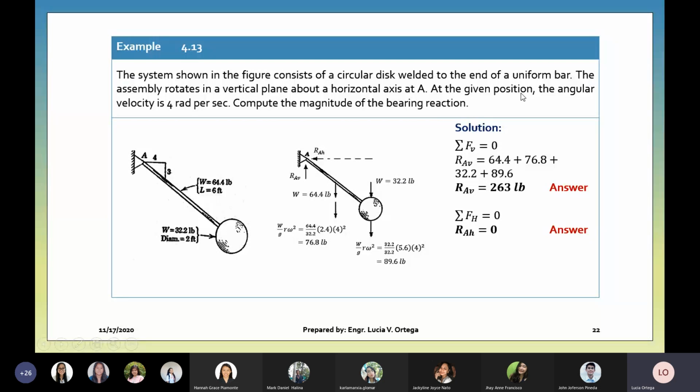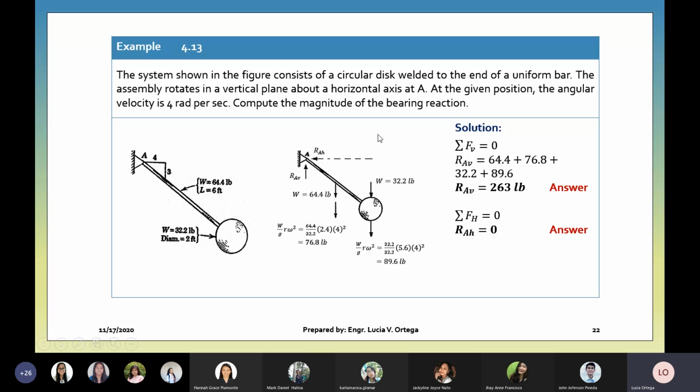At the given position, the angular velocity is 4 radians per second. Compute the magnitude of the bearing reaction. So this is the given, the weight, the diameter, the weight of the rod and the length. So what is required is the bearing reaction here.